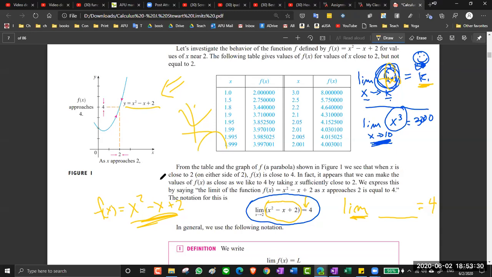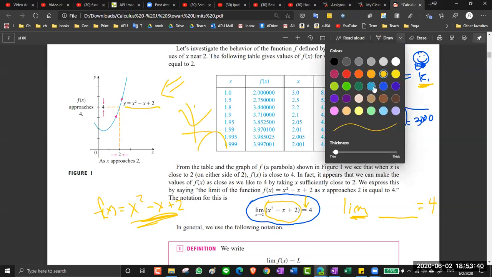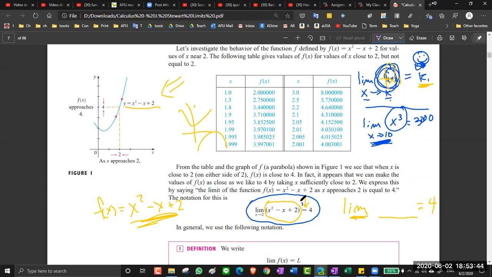All right? So what are we asking when we write this part here, in the purple? What's the function? x squared minus x plus 2. Right, so that's this graph over here.